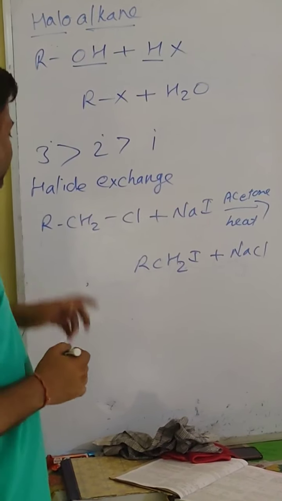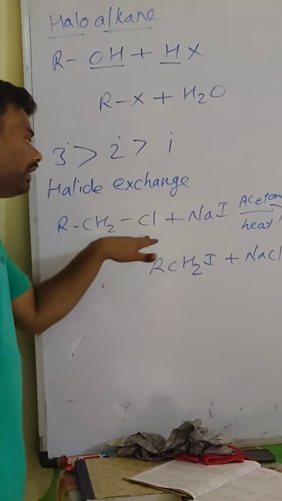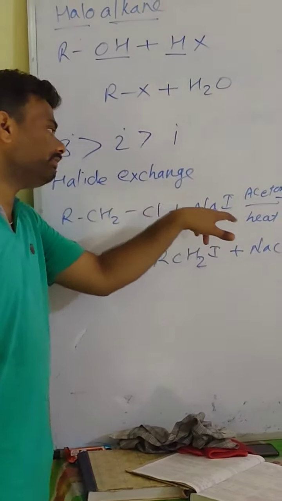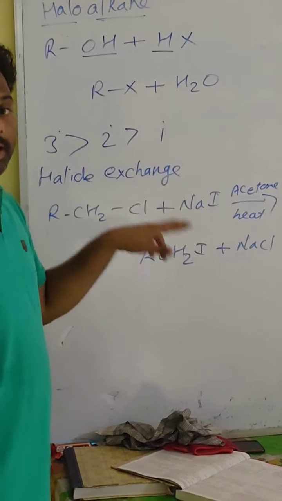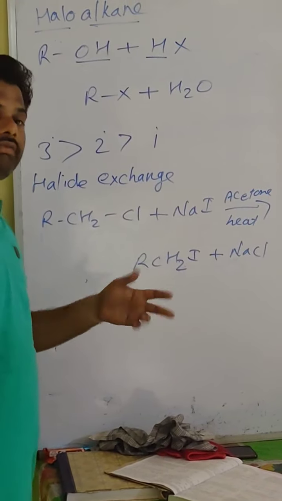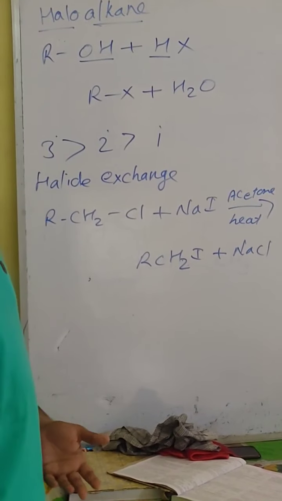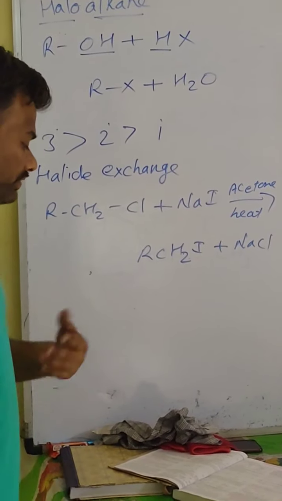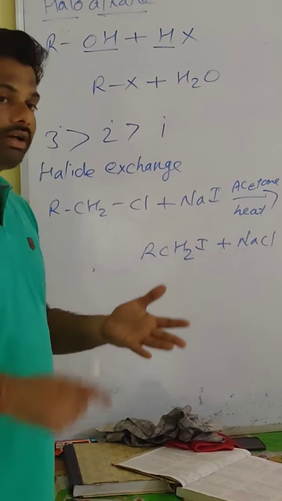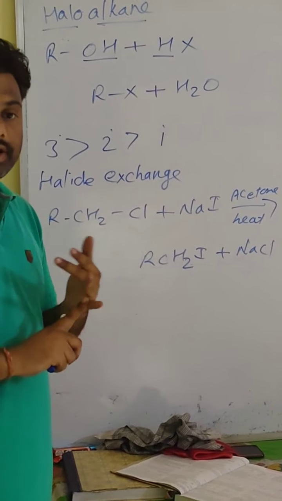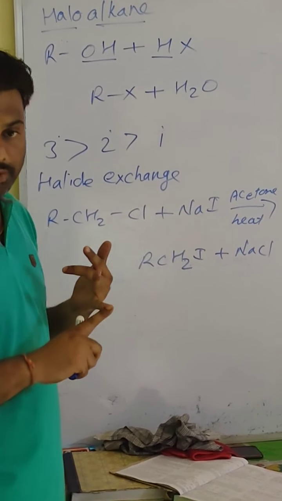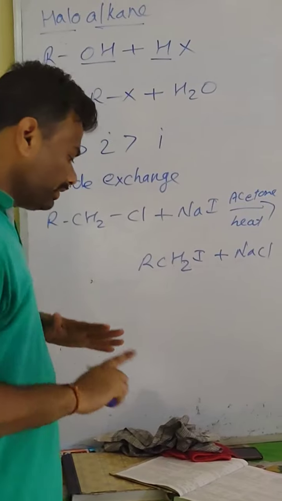In the halide exchange method, you are exchanging the halogen. This halogen will be exchanged with that halogen, meaning the more reactive halogen replaces the less reactive halogen. Which is the most reactive? Fluorine, then chlorine, then bromine, then iodine.